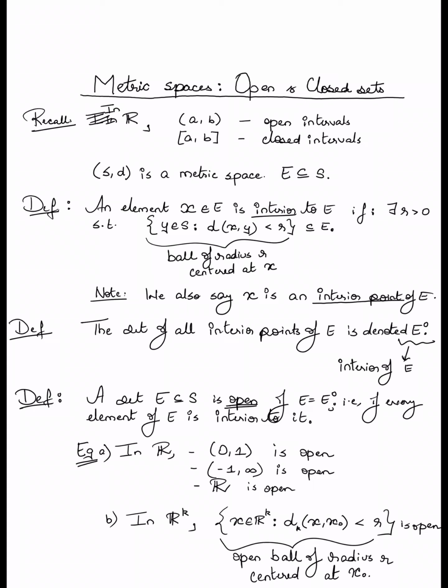In particular, to prove the last one, that the ball that I have expressed here is in fact open, you would have to utilize the triangle inequality. So showing these are open is an exercise.